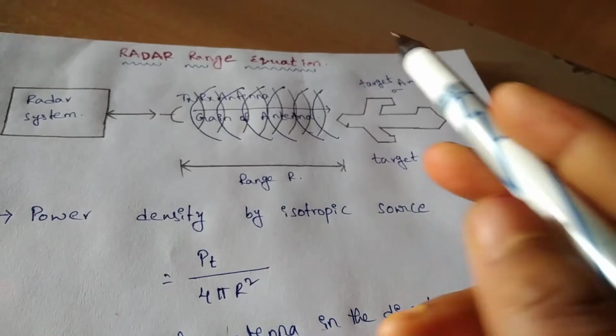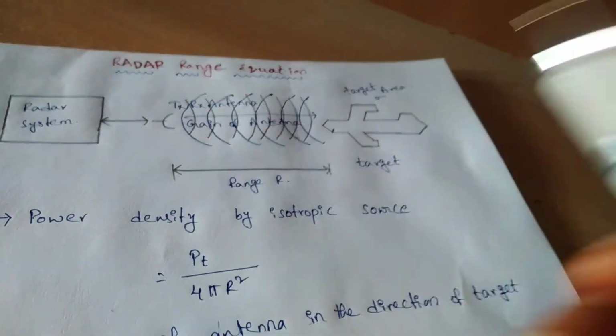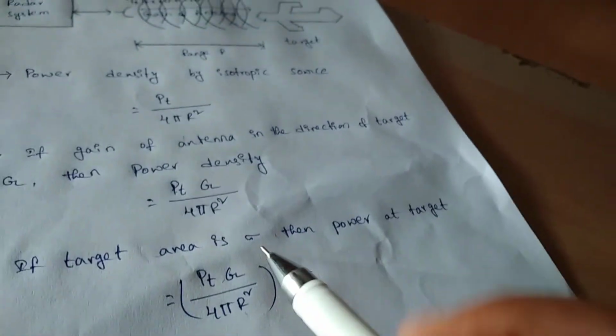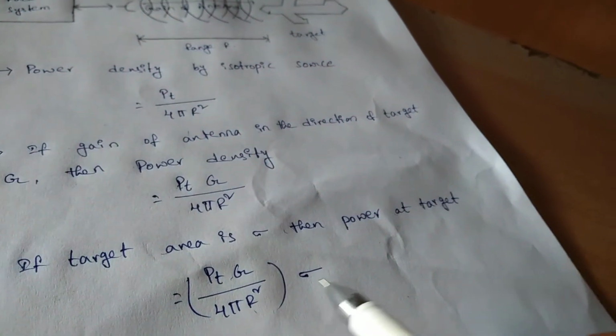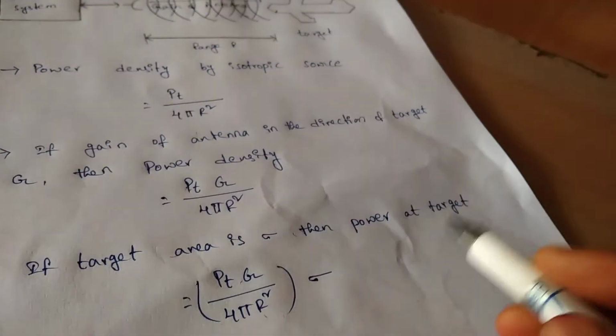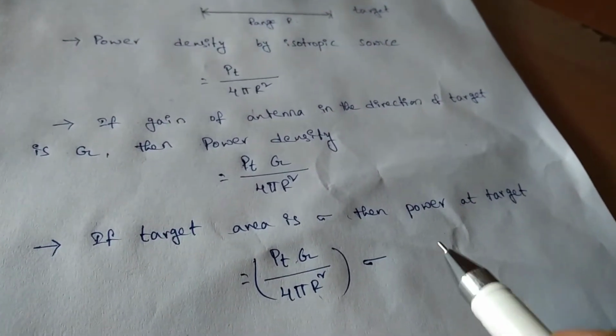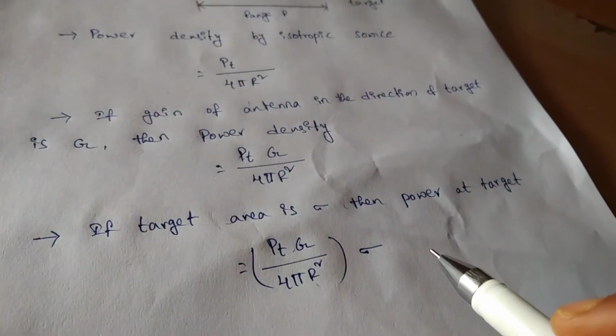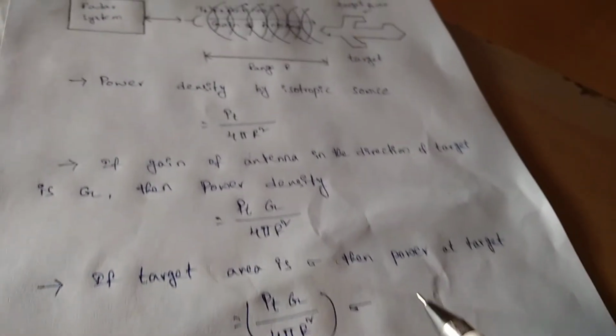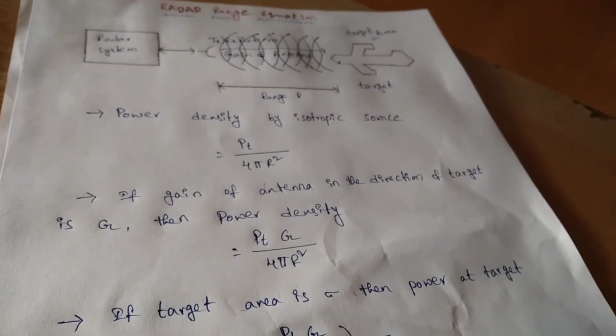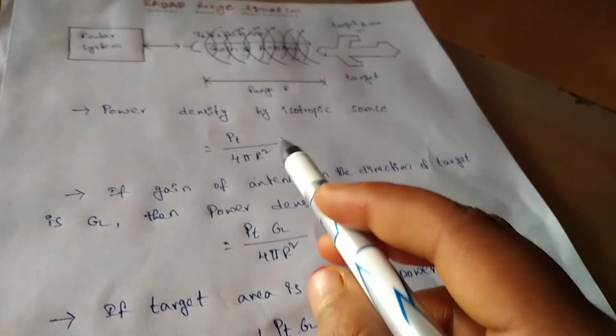And also add the reflected power. That is PtG by 4 pi r square into sigma into 1 by 4 pi r square, where 1 by 4 pi r square accounts for the area covered by the reflected signal at distance r.